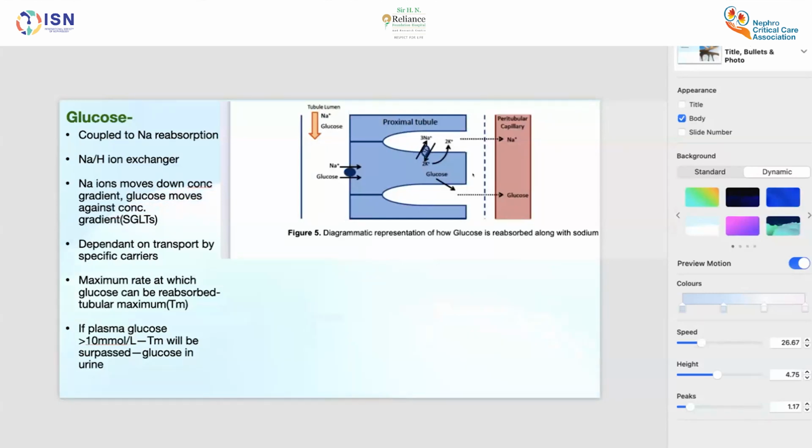This is dependent on the transport by specific carriers. So the maximum rate at which glucose can be reabsorbed is called the tubular maximum. If the plasma glucose is more than 10 millimole per liter, then tubular maximum will be surpassed, and then glucose will be found in the urine.